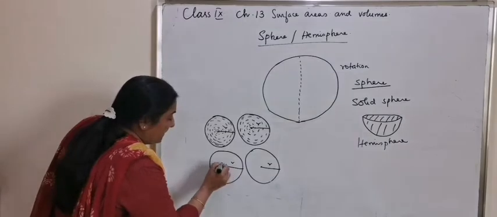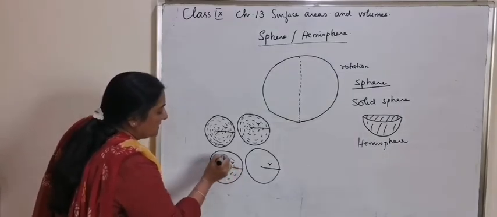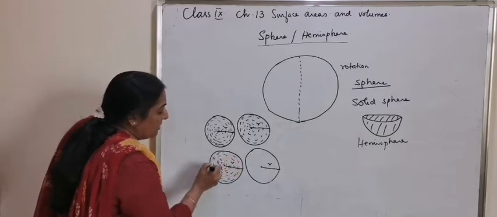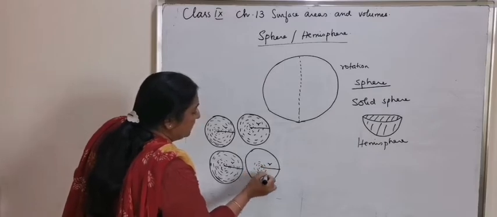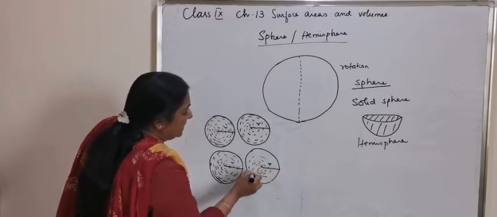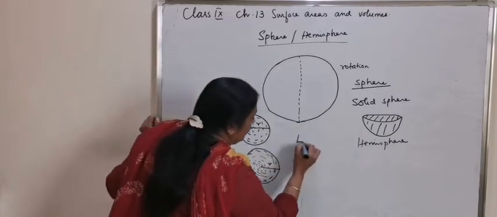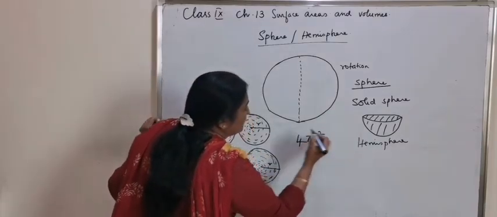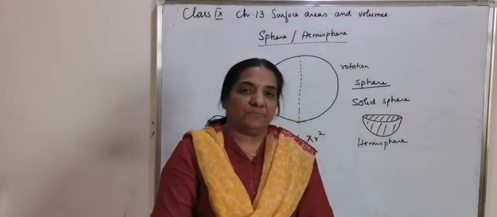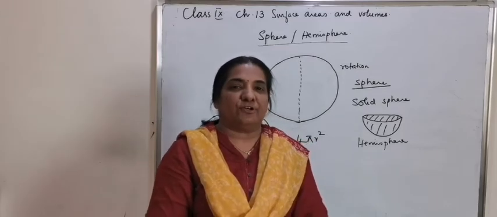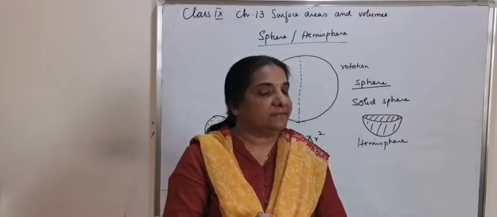If the radius of the circle is r, what will be the area of one circle? With the radius r, the area of one circle will be pi r square. So what will be the area of 4 circles? It will be 4 pi r square. Thus, imagine a hollow sphere in front of you. If you cut it and take the diameter, you will get the radius.